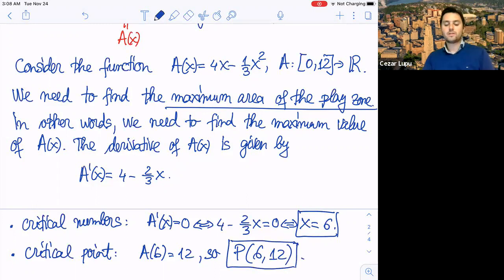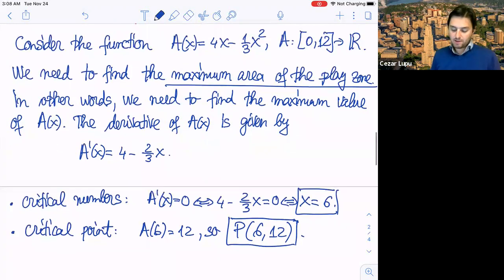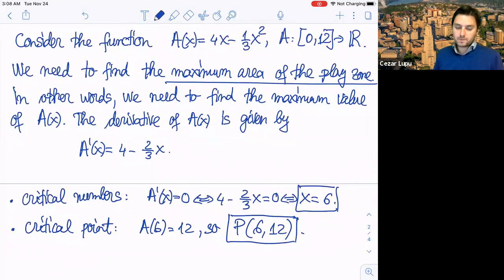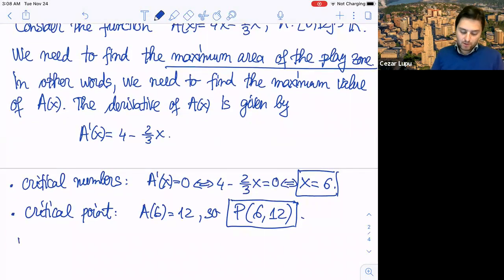Okay, so we see exactly where this minimum or maximum is obtained. So let's see. Now we want to find the maximum area.